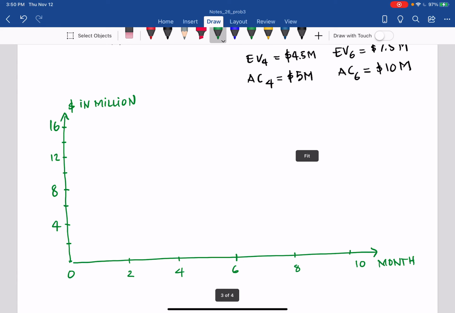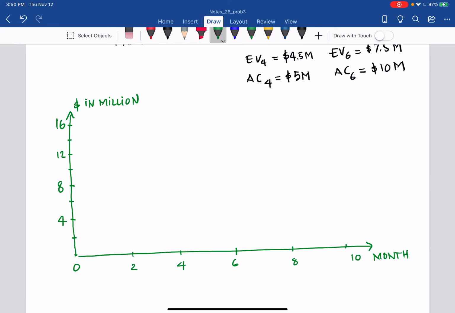Now we draw it, starting from nothing, and let's talk about the plan value.